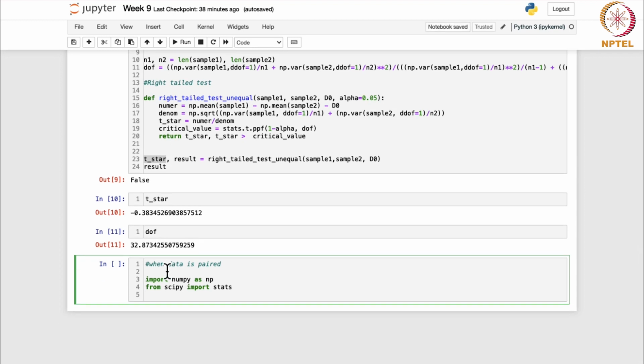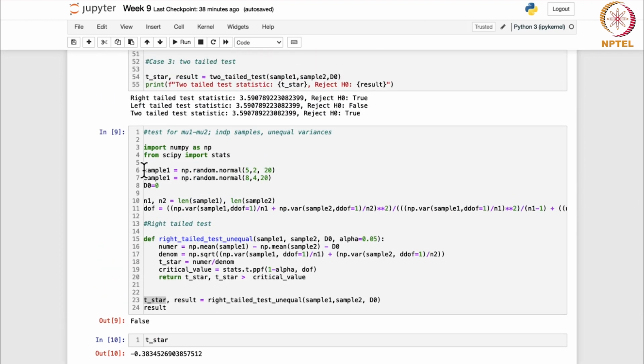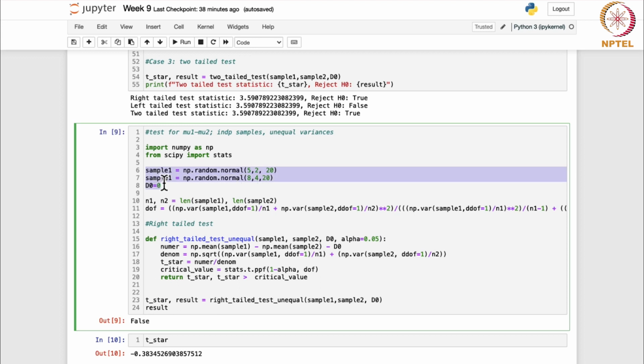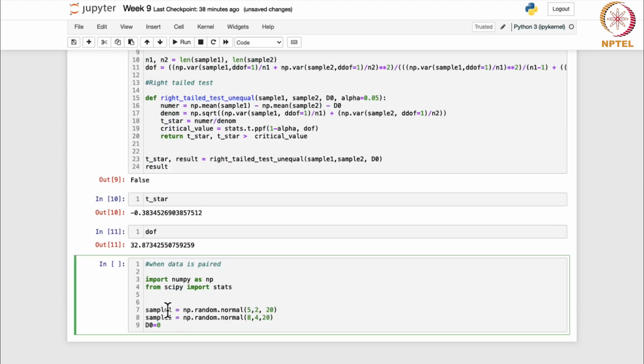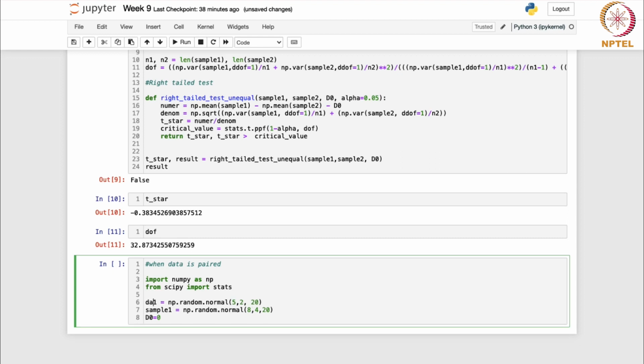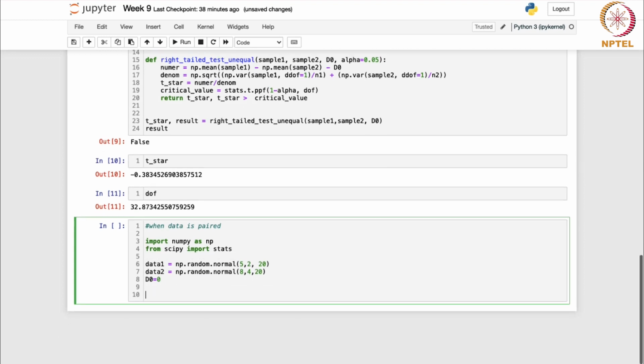Okay, so data 1, these things we can take the same. Maybe I could use a different name, data 1. So we are basically drawing two samples from a normal distribution with the given mean and variances. D0 is 0. Now suppose we have to do the right tail test again.